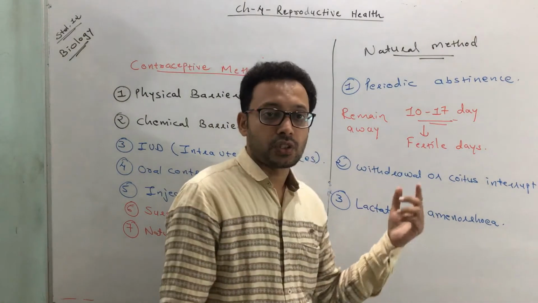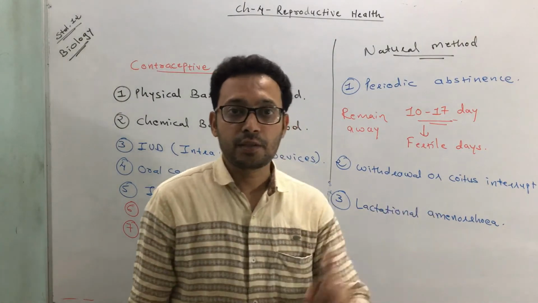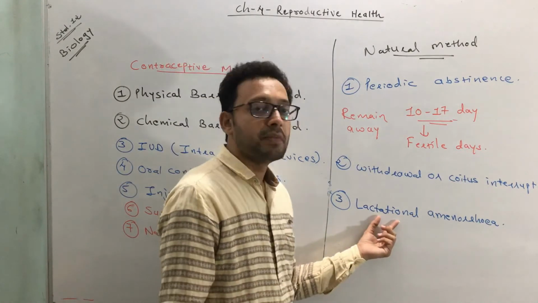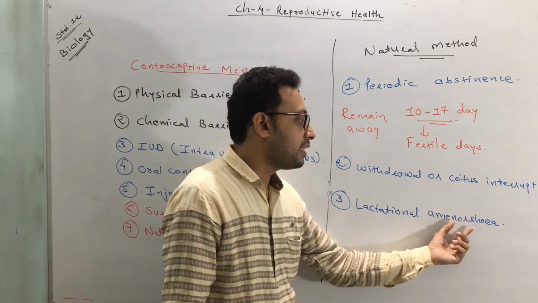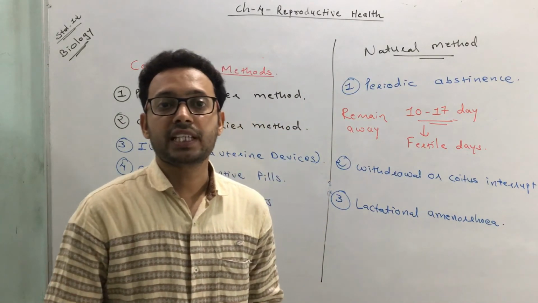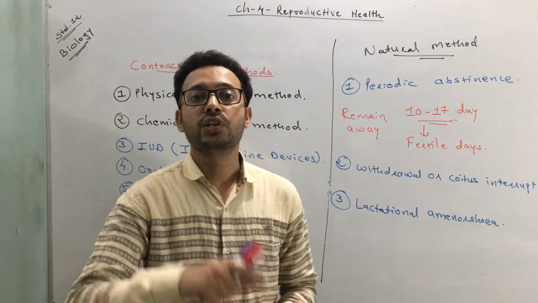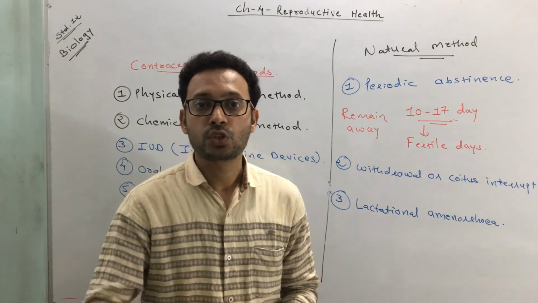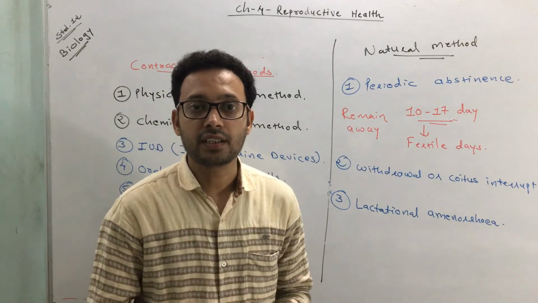Until the lady feeds her baby intensely with mother's milk, the menstrual cycle does not occur. And as the menstrual cycle does not occur, the ovulation process does not occur, because ovulation is a part of the menstrual cycle.